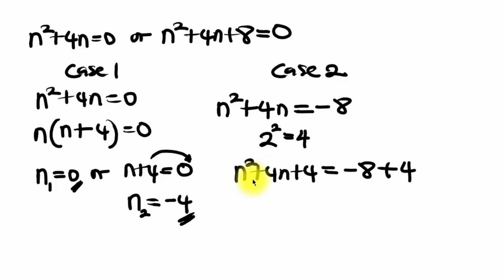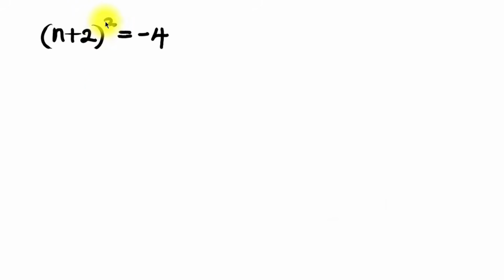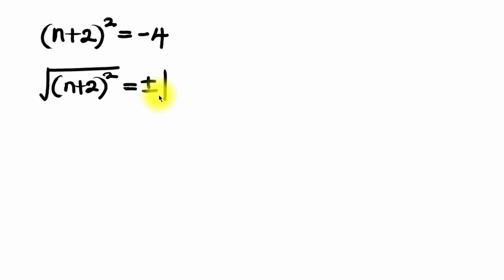Now notice that the left hand side is now a perfect square, which can be written as (n + 2) all squared. And this is equal to the right hand side, negative 8 plus 4, that is negative 4. Very good. Now let's get rid of this square by taking the square root of both sides. So I'll take the square root of (n + 2)^2 equal to plus or minus the square root of negative 4.